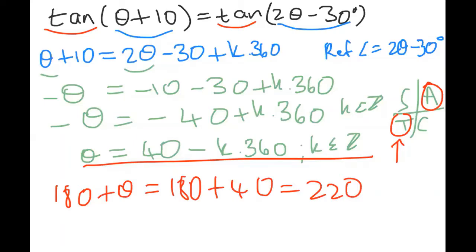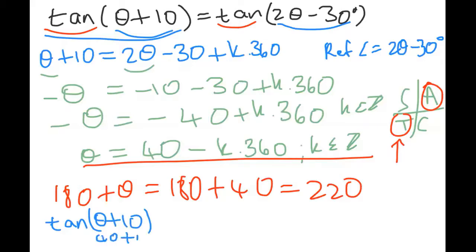But let's ask ourselves, is 220 correct? So let's work out tan of theta plus 10. So 40 plus 10 is 50. So tan of 50 is 1.19. Let me just show you at the bottom. I'm going to take this tan of theta plus 10 and put this answer of 40 over there.